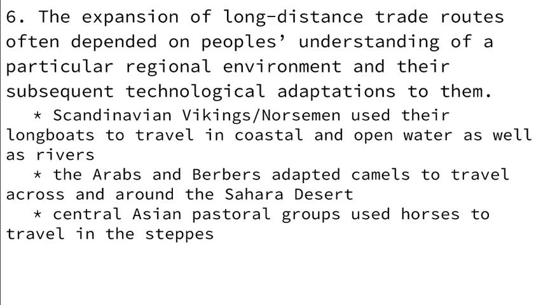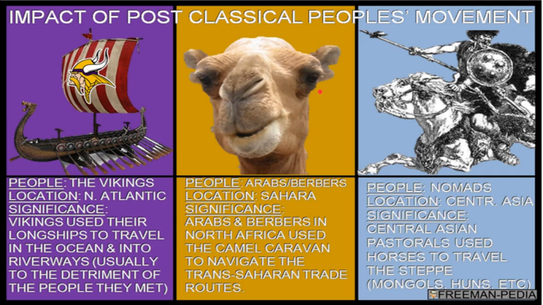And of course the Central Asian people are going to be developing the saddle and the stirrups, all these things that they need to ride horses. So Vikings, camels, and horses. Based on what is available, based on their environment and surroundings, we see how they're going to develop technology in order to keep operating.